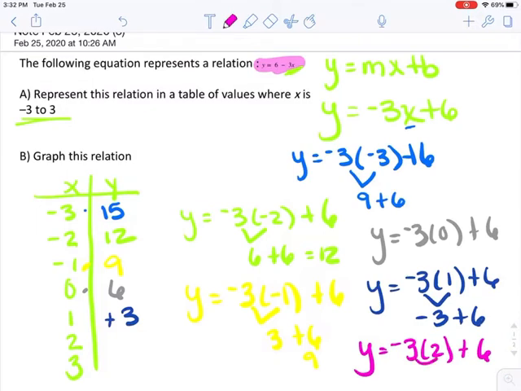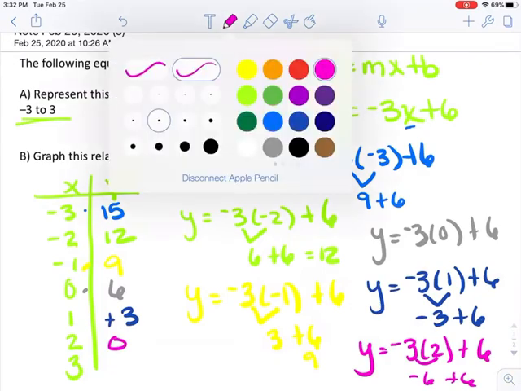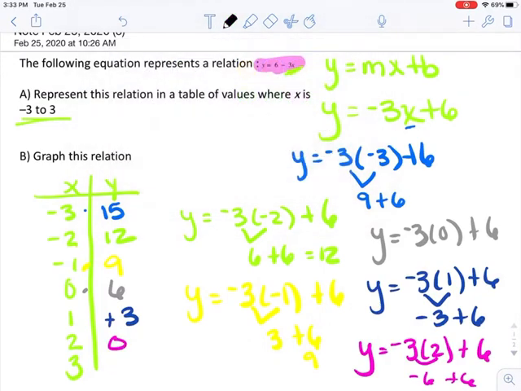Over here, negative 3 times 2 gives me negative 6 plus 6 gives me 0. And this gives me negative 9 plus 6 gives me negative 3.